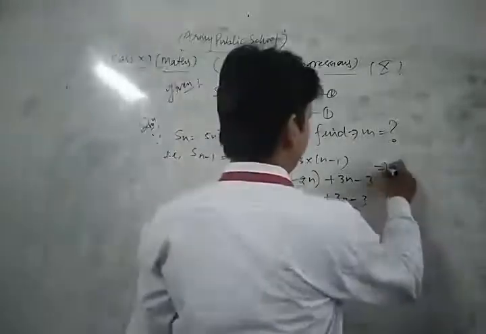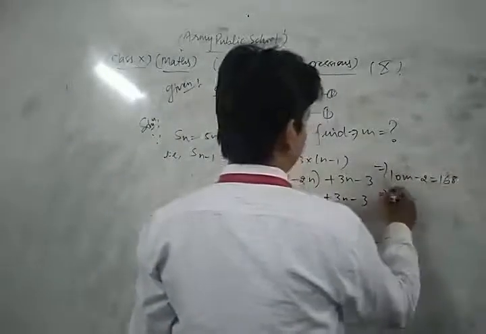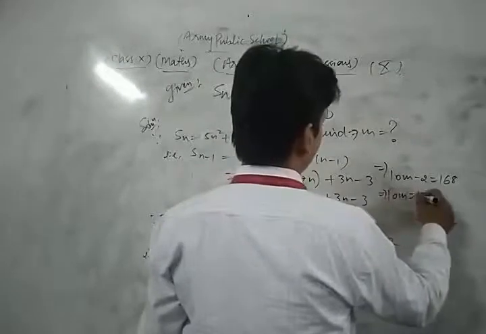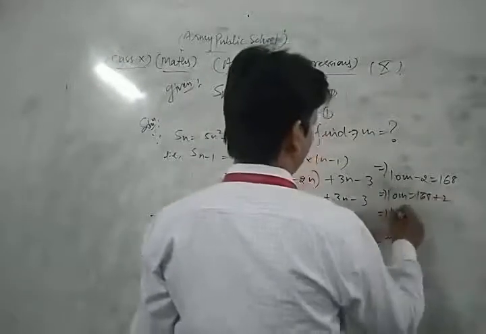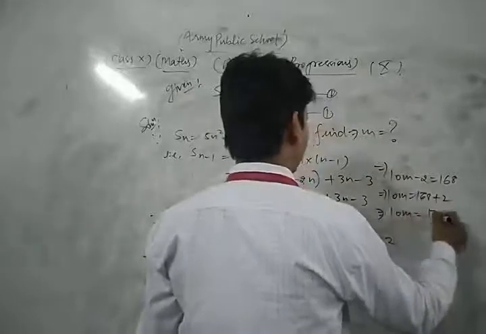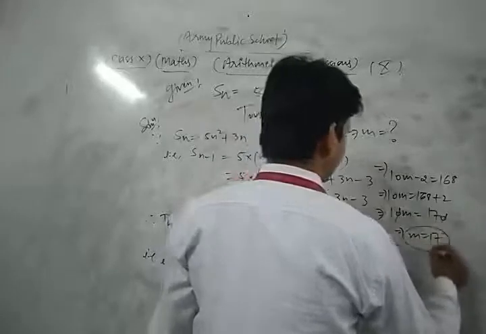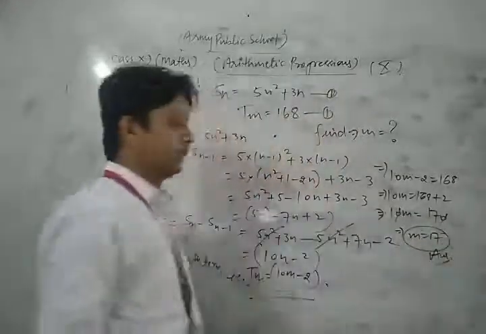Now that is 10m minus 2 is equal to 168. That is 10m is equal to 168 plus 2, 10m is equal to what? 170. That is 0 will cancel. Thus the value of m is 17. This is the required solution of the given question.